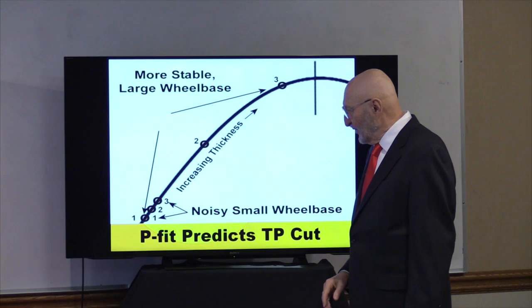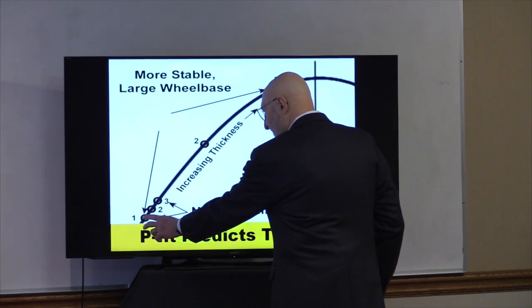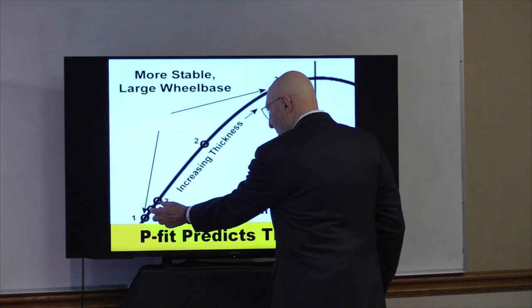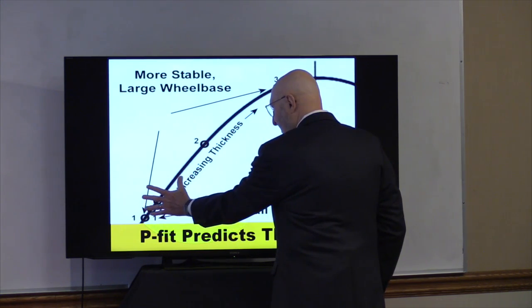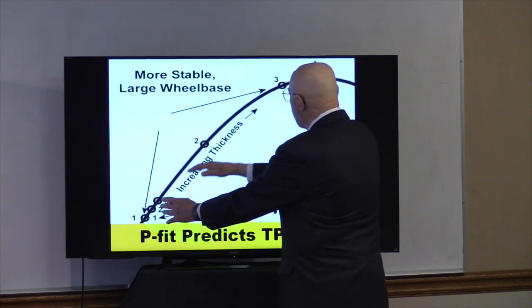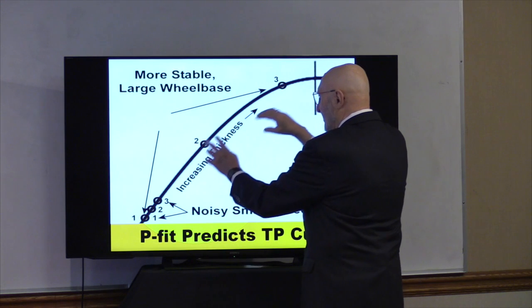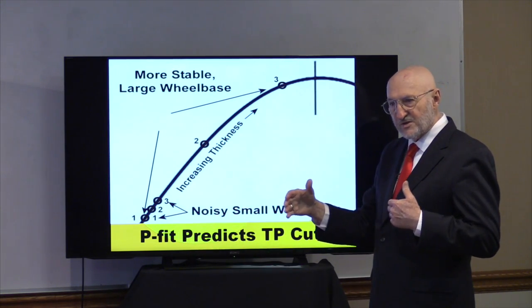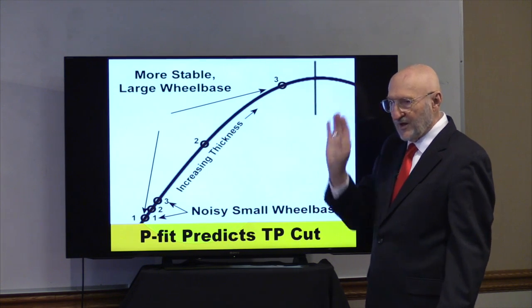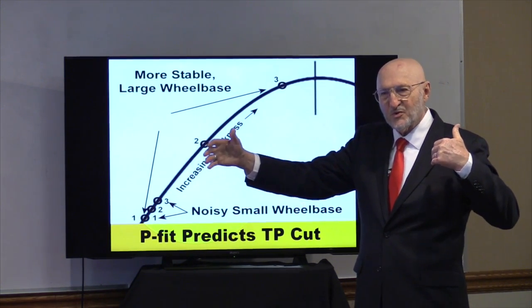So what I essentially do is I keep this piece of data, and I keep moving this point up and this point halfway in between. So when I get up to here, I've got this point and that point and this point, and now the fit is quite good. So it's kind of like the wheelbase of a car. If you've got a short wheelbase, you'll bounce around a lot, but if you've got a long wheelbase on your Cadillac limousine, it's a pretty stable ride.